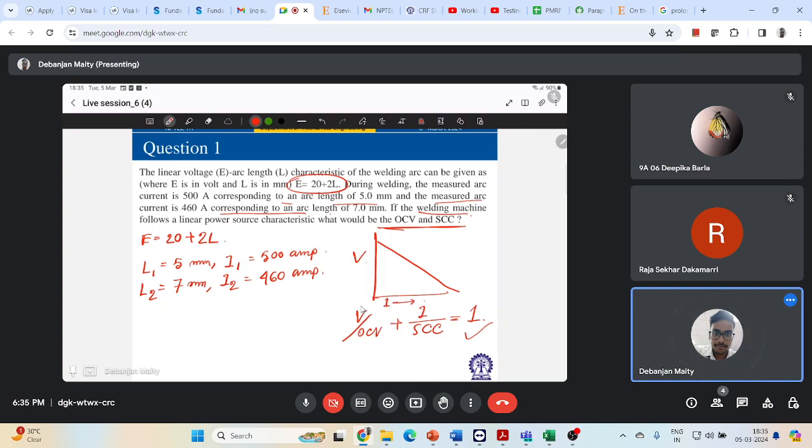Now we can find two equations. So let's say this is the voltage. My V1 is equal to how much? 30 volt at L equal to 5 mm. V2 will be how much?